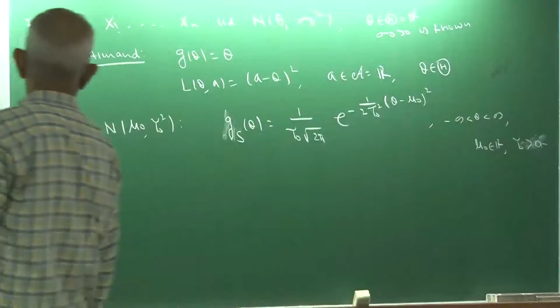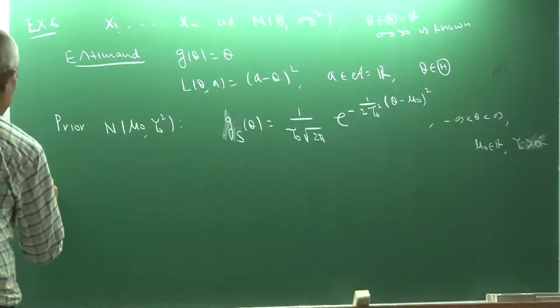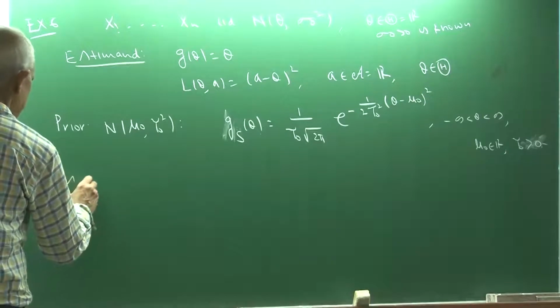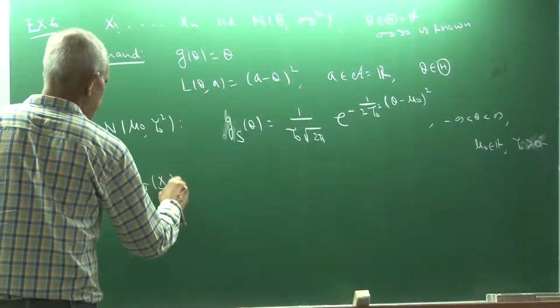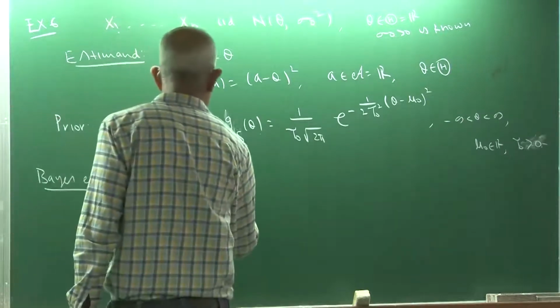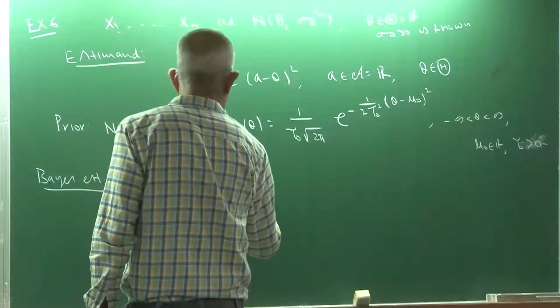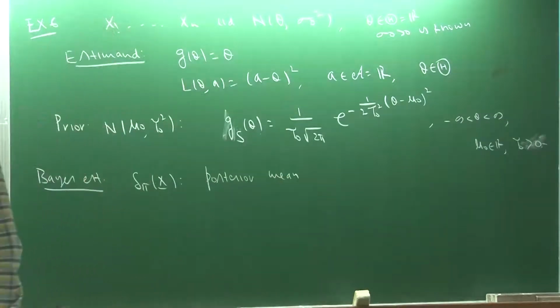Find the Bayes estimator. Right? So Bayes estimator delta pi(x) is nothing but, because it is a square error loss function, it is a posterior mean. So to find the posterior mean, I need to get the posterior PDF.